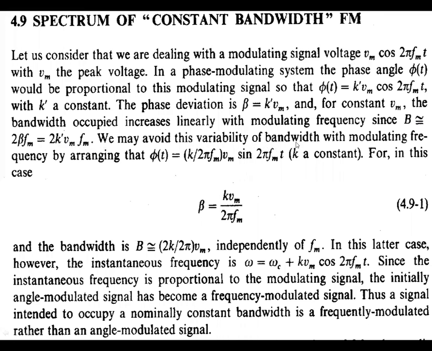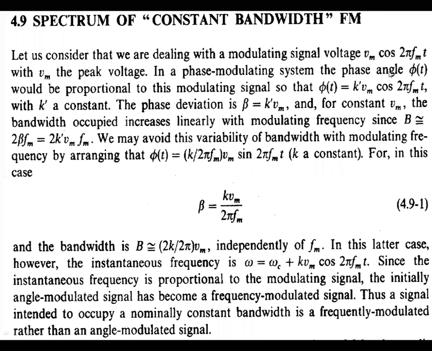You may avoid this variability of the bandwidth with modulating signal frequency by deriving phi(t) = k/(2 pi fm) into Vm sin 2 pi fm t. How can you convert the cosine wave to sine? Because you have to take the derivative with respect to k'. k' is the derivative, k is the integration.